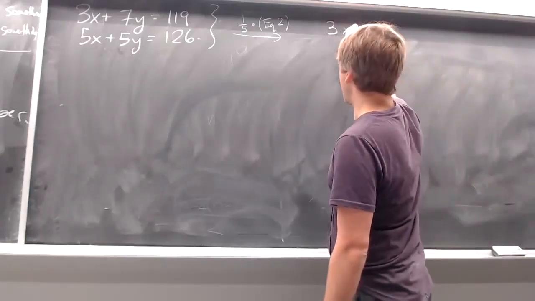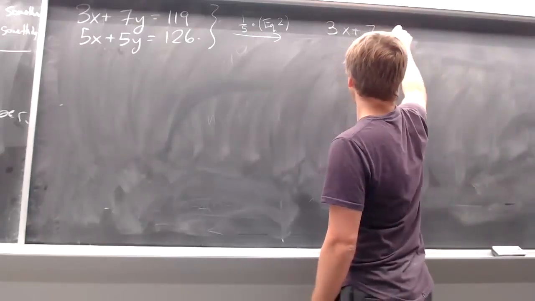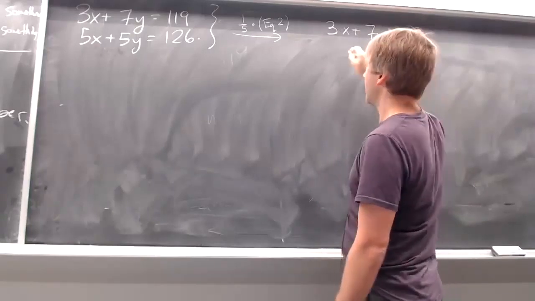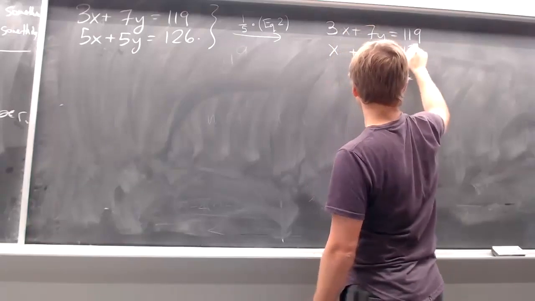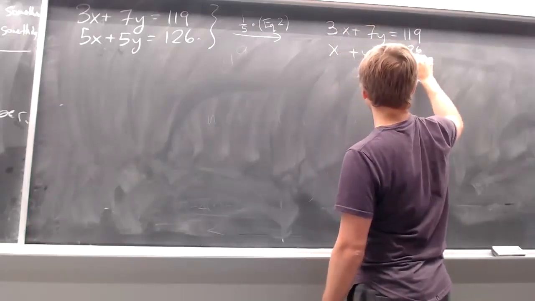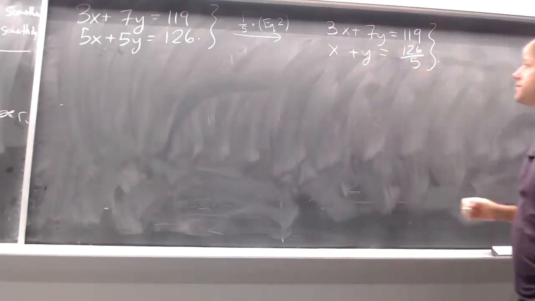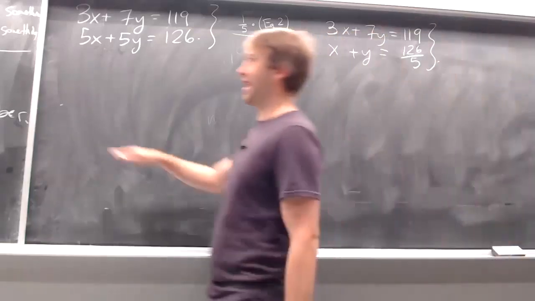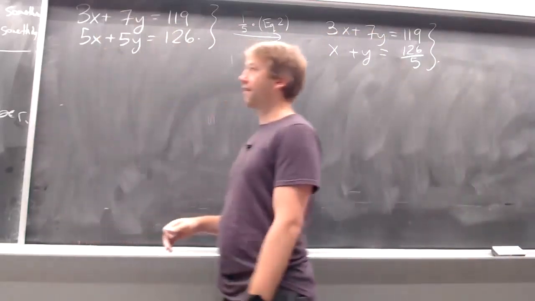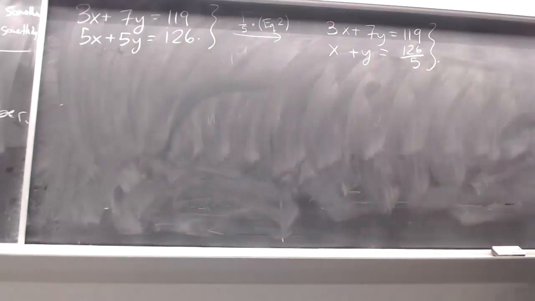If I do that, I've got 3x plus 7y is 119 again, and I've got x plus y is equal to 126 over 5. Doesn't look that much closer to the end, but let's see what happens.